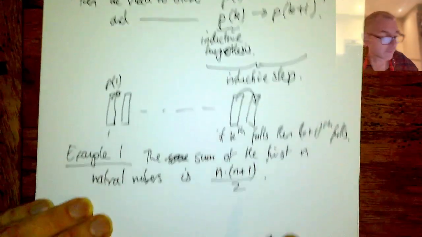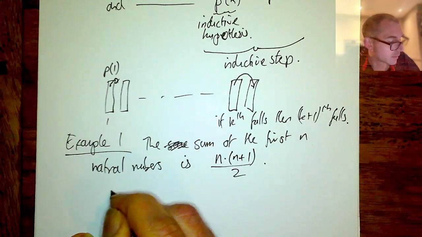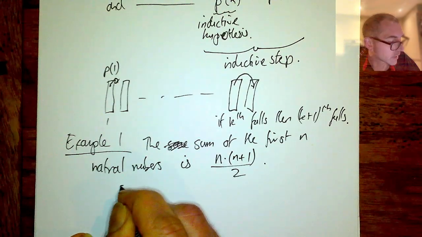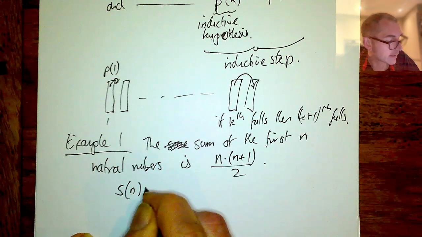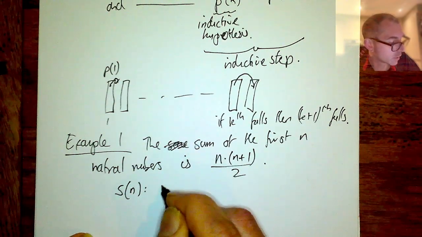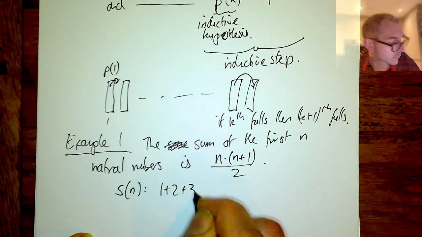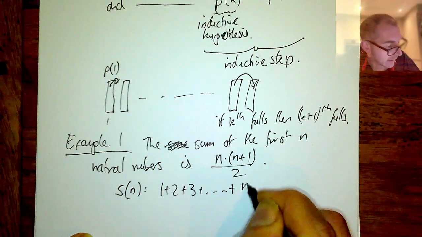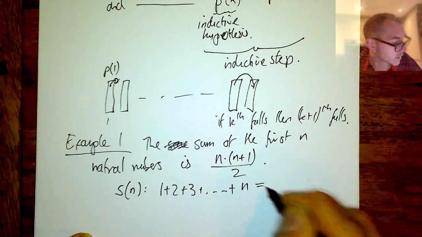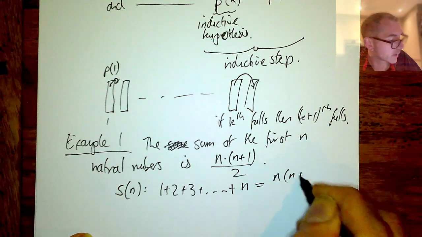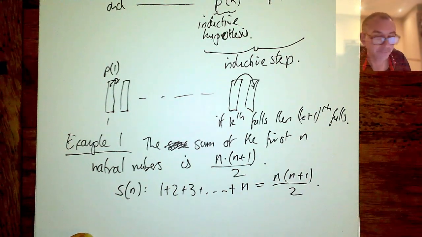So I'll write it like this: S of n is the statement that 1 plus 2 plus 3 plus and so on up to n is equal to n times n plus 1 over 2.